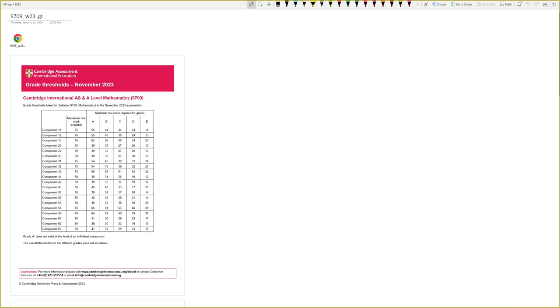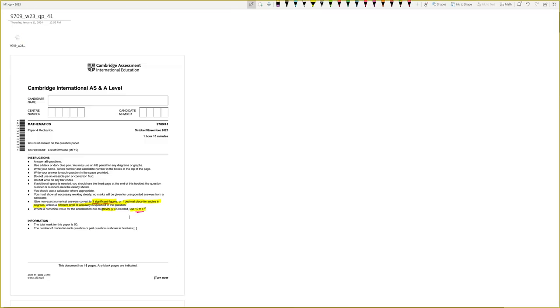So before we begin, let's take a look at the threshold. This is component 41. Out of a maximum mark of 50, A was at 38, B was at 34, C was at 26, D was at 19, and E was at 12.